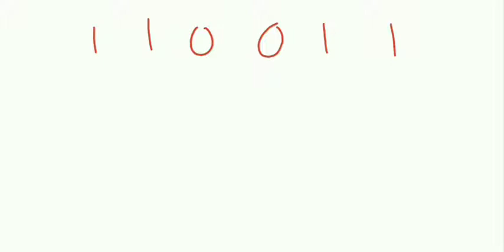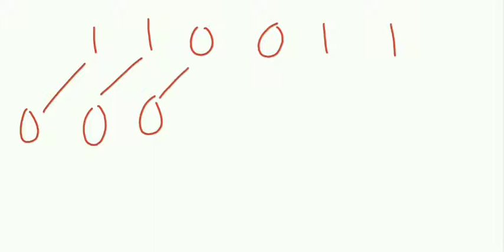What I told you: take some reference bit 0 and find the XNOR. 0 and 1 differ, so 0. 0 XNOR 0 is 1, 1 XNOR 0 is 0, 0 XNOR 1 is 0. So what is the answer you will get?